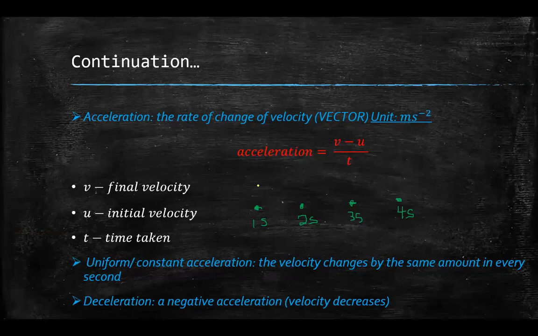So at this point here, let's say, let me go back to the 2 meters per second. And then at this point, I realize it's also 2 meters per second. So from this point, 1 second to 2 seconds, I realize this is still this way, right?